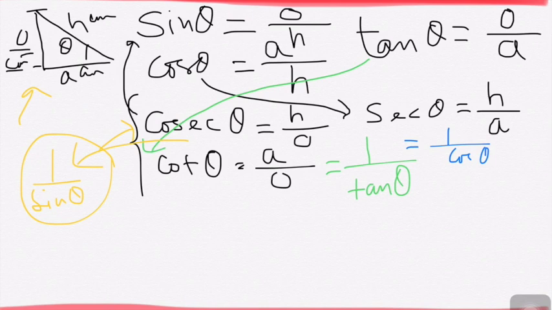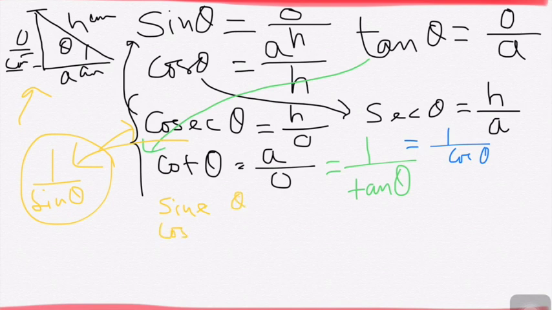Another important thing is that sin theta, cos theta are short forms. If you want to know the full form of these trigonometric ratios, sin theta is actually written as sine theta.